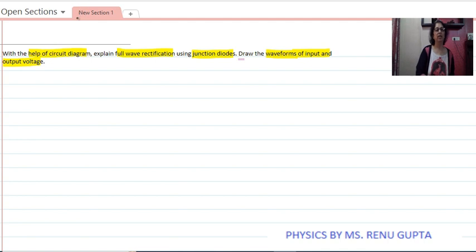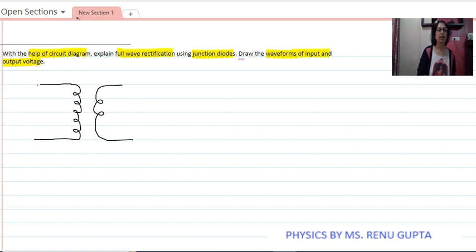So first of all, we draw the diagram. First we draw a transformer, a step down transformer, in which we will apply AC. Here is the first diode and here is another diode, the second diode.